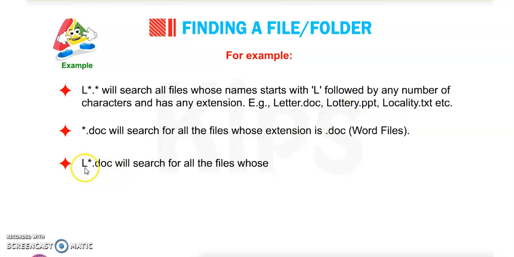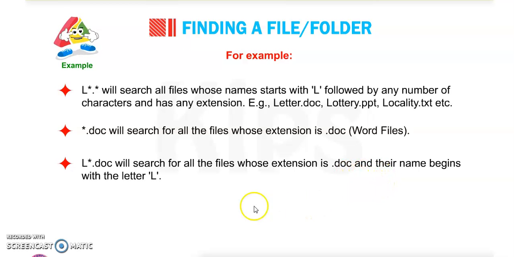But in this example, if you remember your file is a Word file only and starts with the letter L, we can write this pattern. L star.doc will search for all the files whose extension is .doc and whose name begins with the letter L.